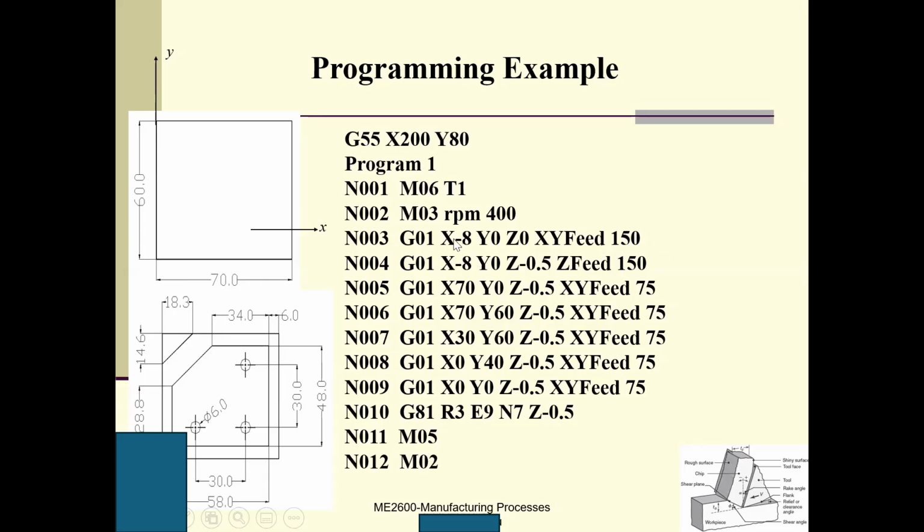This is from X minus 8, from here to Y0, Z0. We go here, then X minus 8, Y0, Z 0.5 will go down here. And then we go X70, Y0.